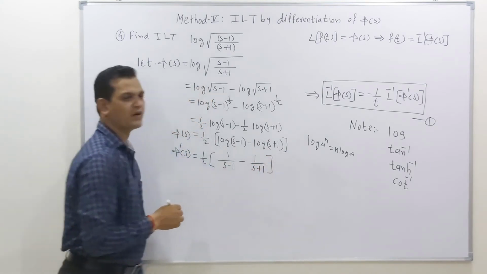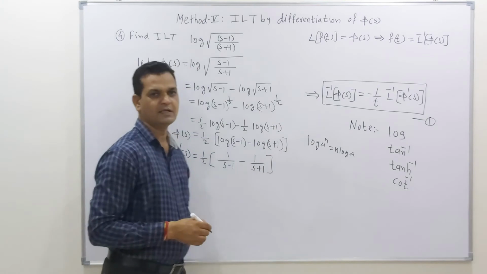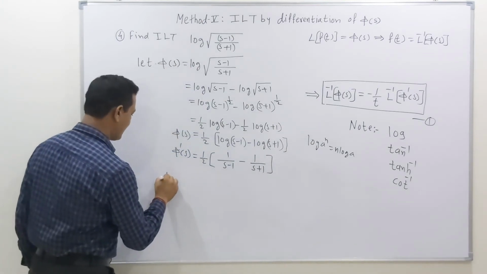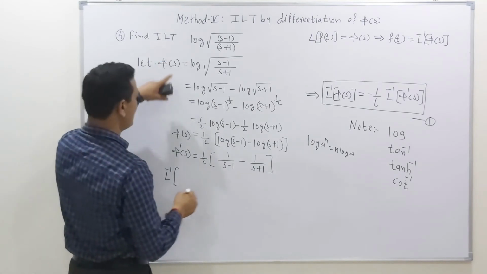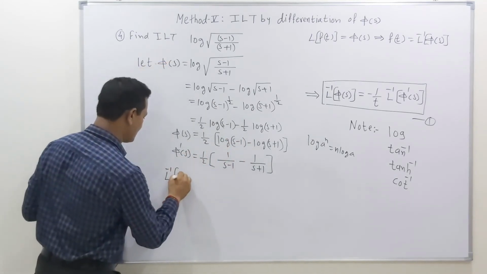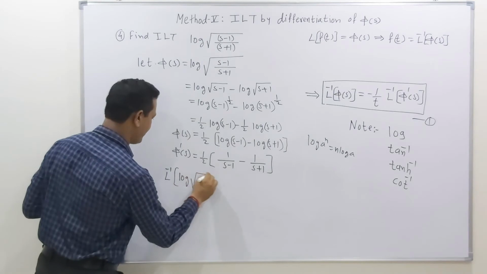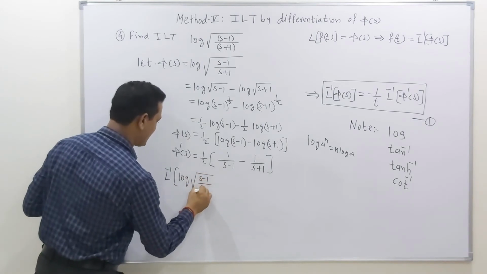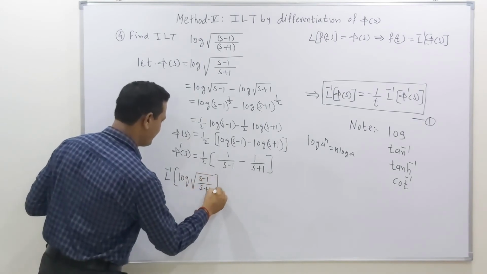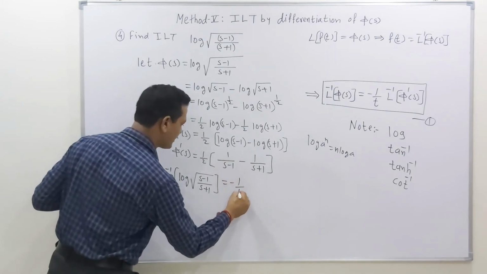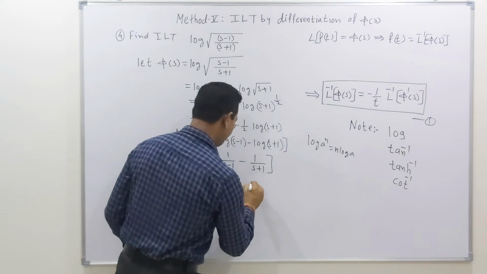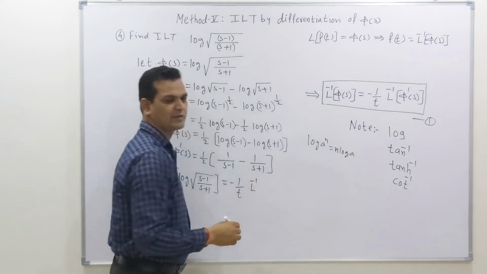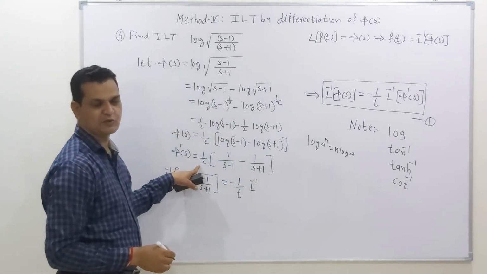So now to apply this result, by equation 1, we can write this as inverse Laplace transformation of phi of s. So value of phi of s is log of root of s minus 1 upon s plus 1, which is equal to minus 1 upon t as it is. So this value minus 1 upon t into inverse Laplace transformation of, so take the inverse Laplace transformation of this function.